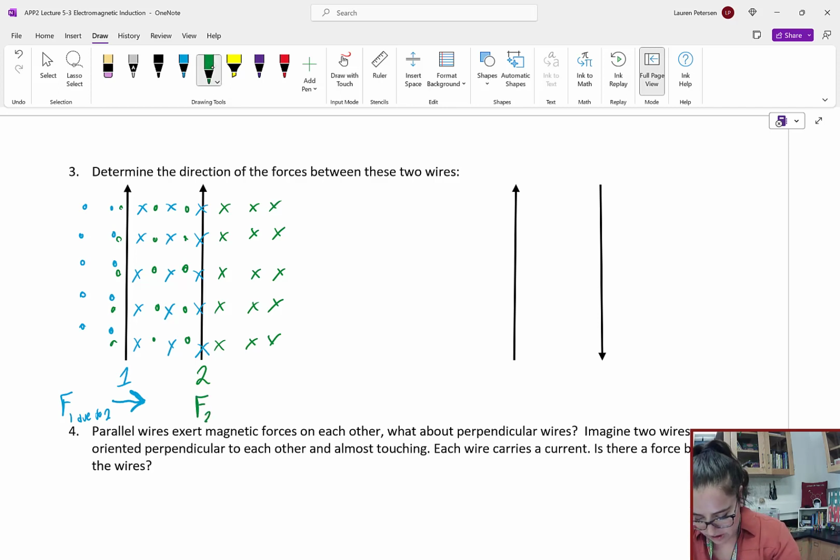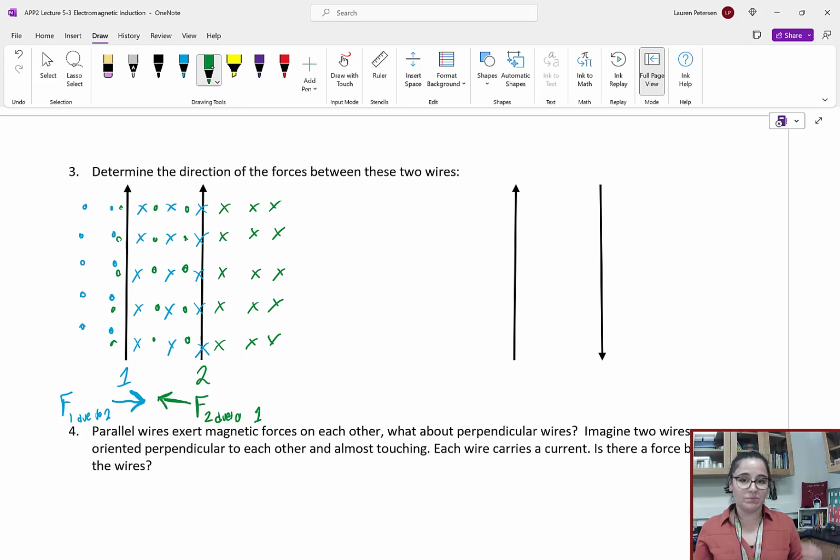Now my force on 2 due to 1, well for 2, get our right hand again. The thumb is going in the direction of the current. The magnetic field that it's in is going into the page, so its force is to the left. So they're both creating magnetic fields that the other wire is experiencing.